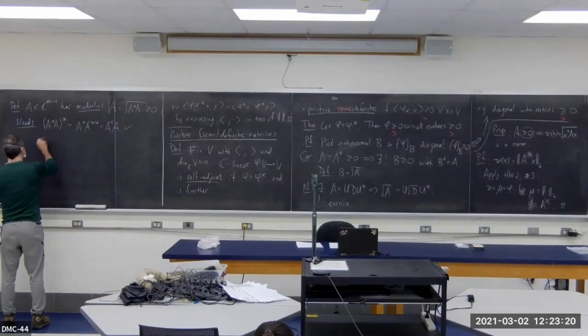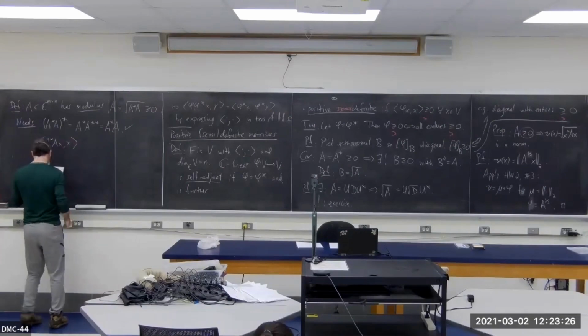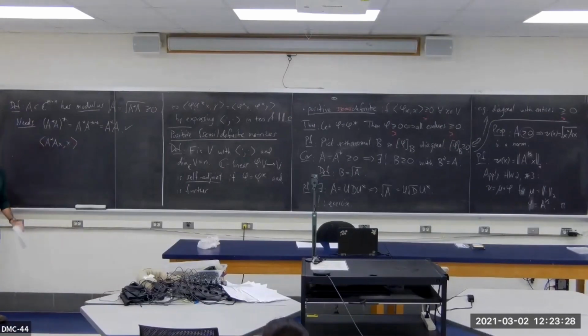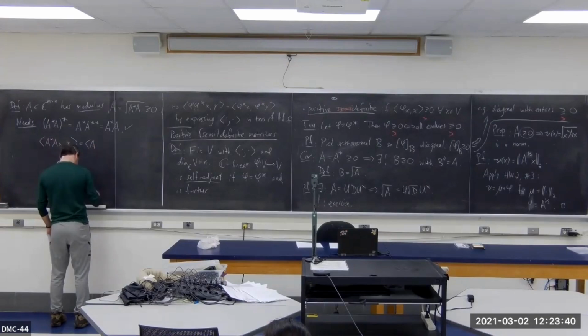It also needs that when we take A star A and a vector X, and pair it with X, that is greater than or equal to 0. Why? Remember, the whole point of having the adjoint over here is that you can move it over to the other side and remove the star. So that's just AX paired with AX.